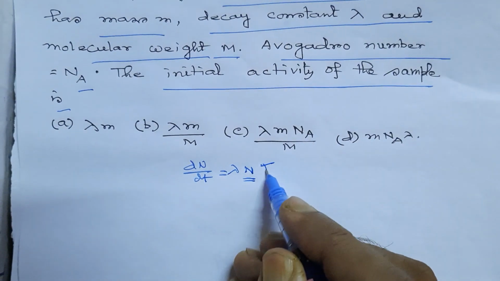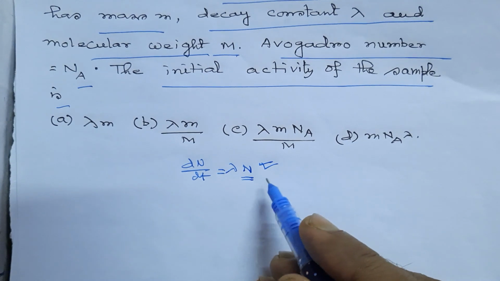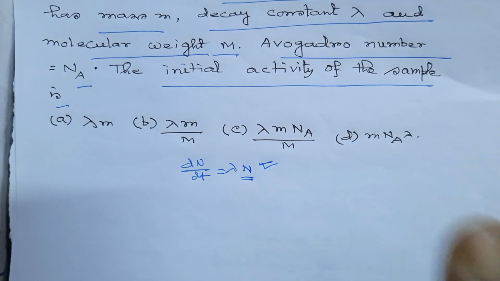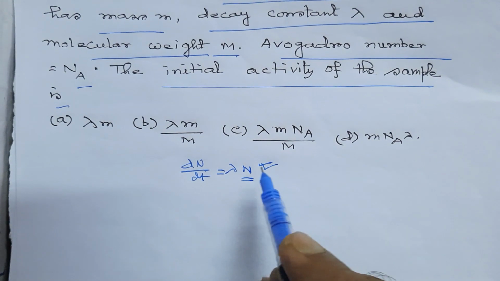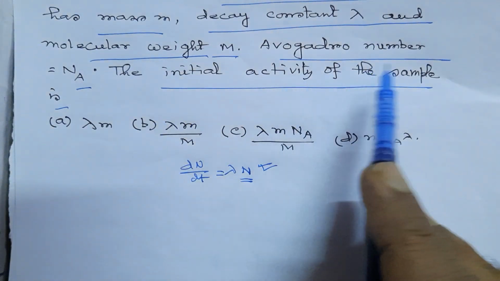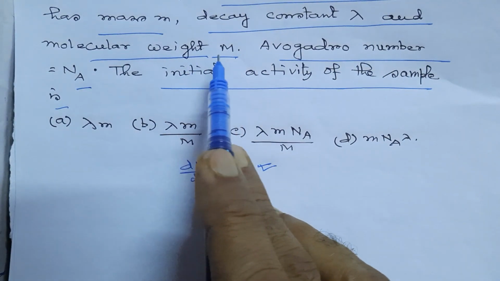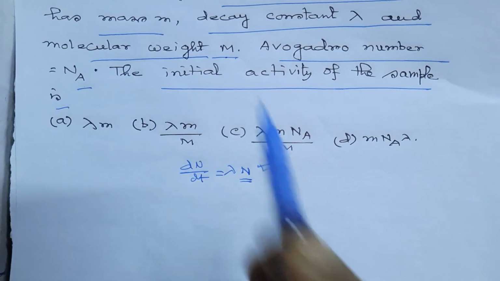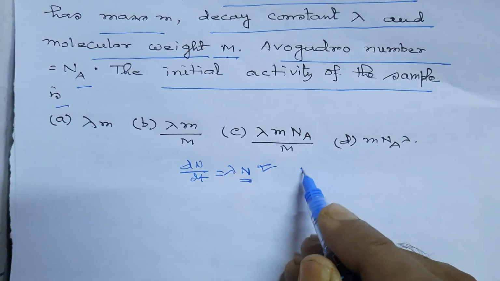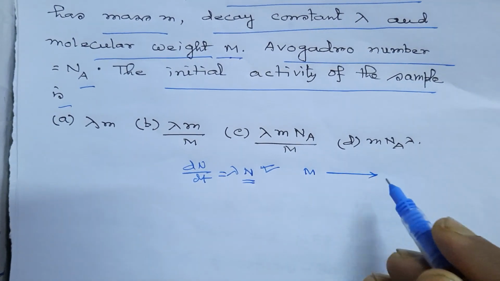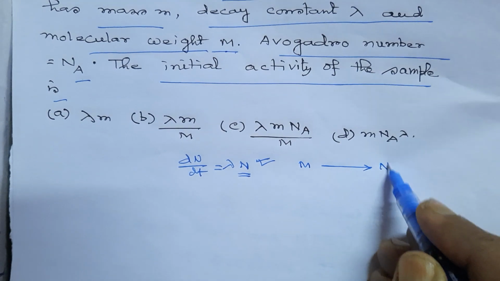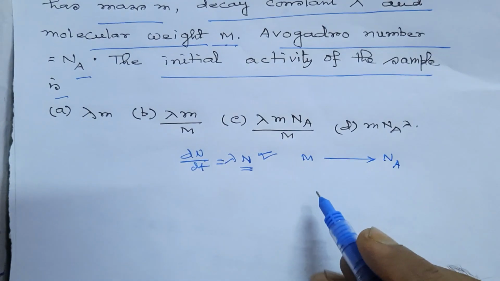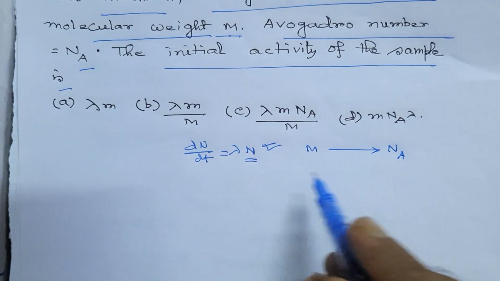So n is the number of non-disintegrated atoms or molecules. Now we know the relation of molecular weight and Avogadro number. In molecular weight, the number of atoms present is Avogadro number Na.